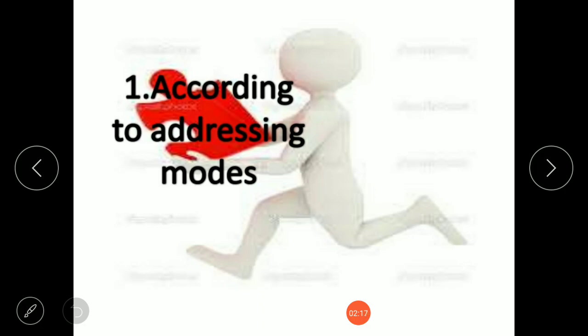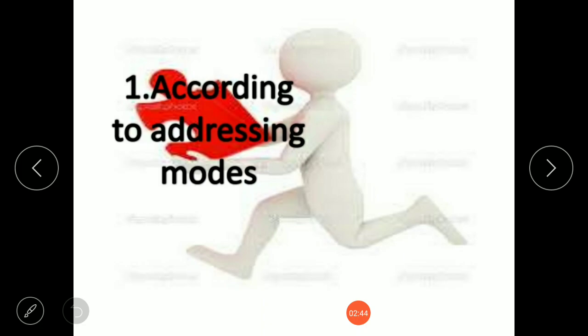So as I've told you, there are a number of ways of specifying operands in an instruction. Depending upon that, we have various addressing modes. So what is addressing mode? We know each instruction requires certain data, or you can say each instruction requires an operand on which it has to operate.